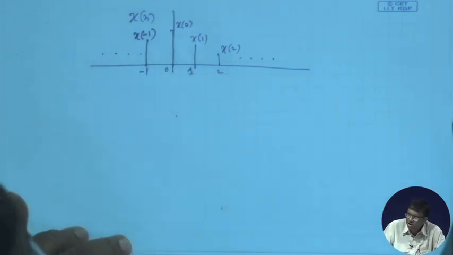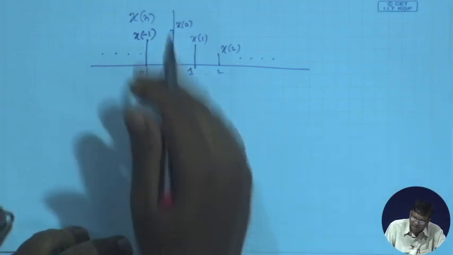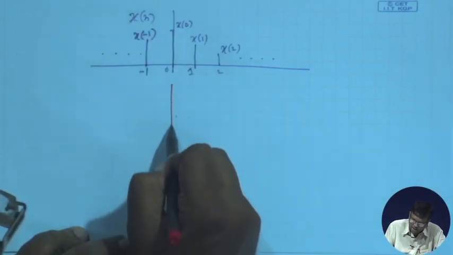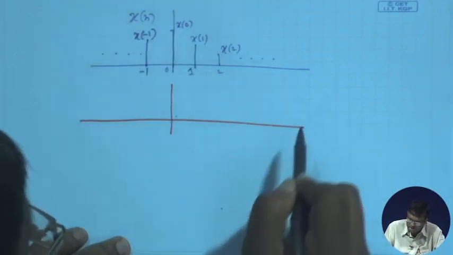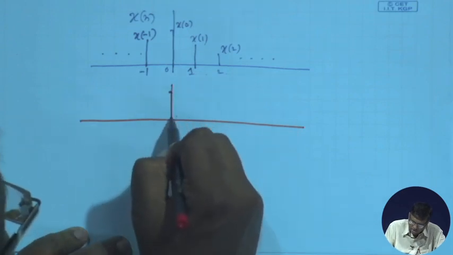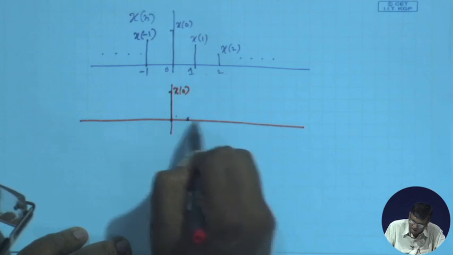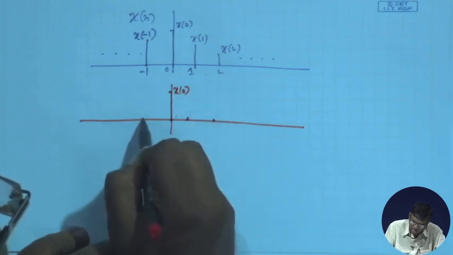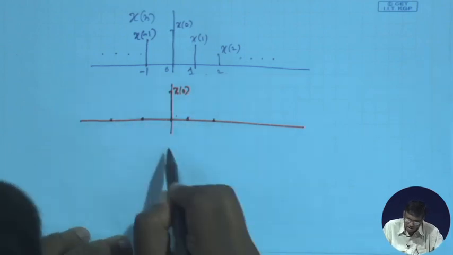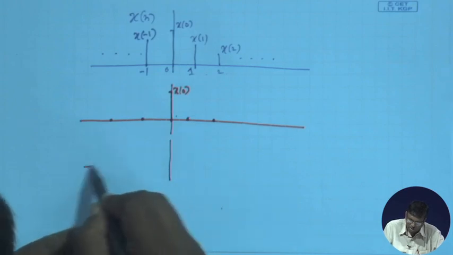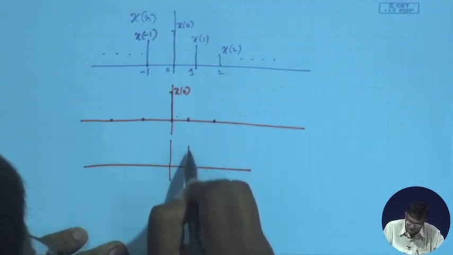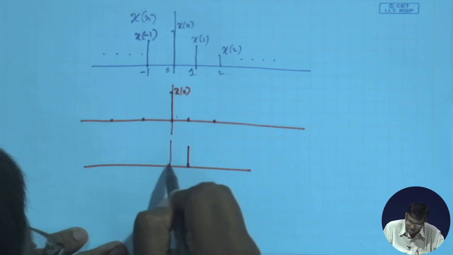Now, this I can write as a summation of various subsequences, say one which is x 0 here, but 0 everywhere else. Then another one which is x 1 here, but 0 everywhere else.